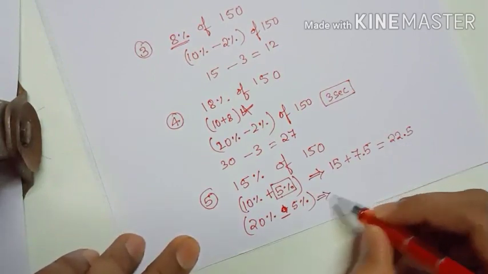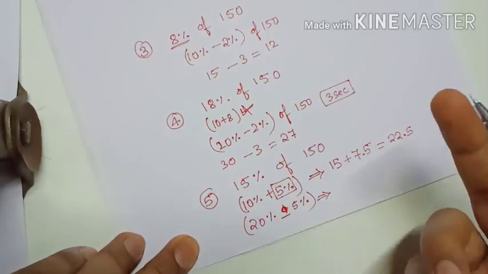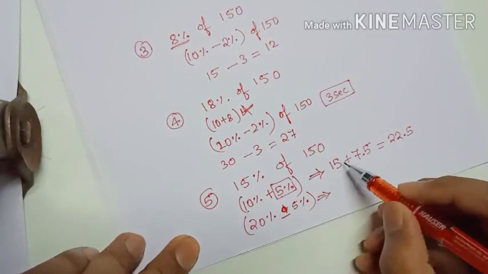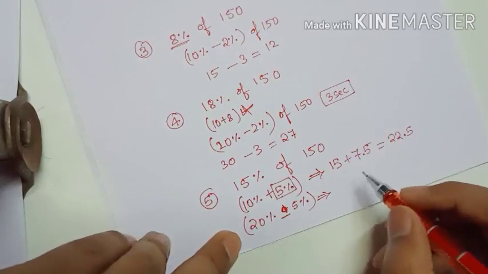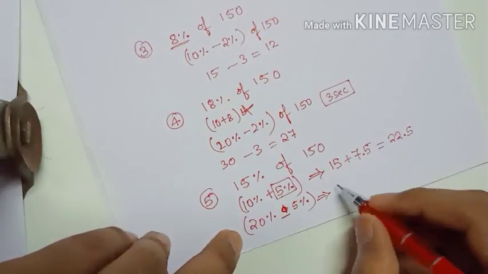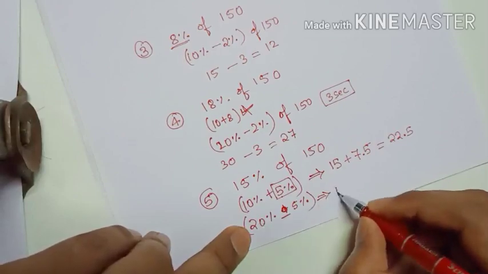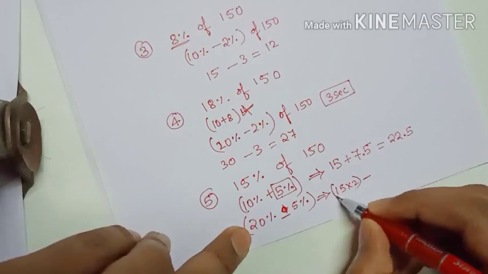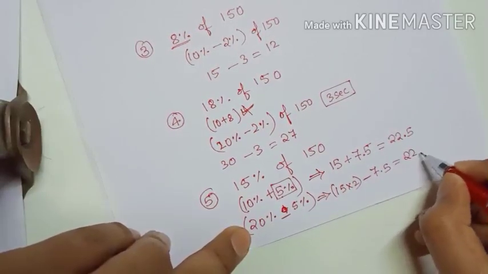If you are going with the second method, first you have to calculate 10%, and multiply it by 2 to get 20%. Again here the process will be lengthier compared to the first one. You could do it, but it takes time. So 10% is 15. You want 20%, so 15 two times. Then minus 5%, 7.5. Here also you get the same thing, 22.5 itself.